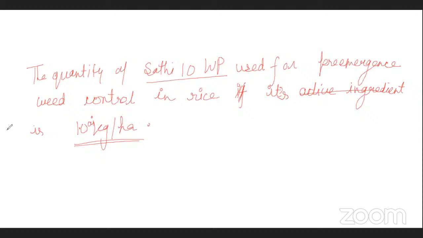Its recommended dose is 1 kg AI per hectare. Okay, I think no one is going to give the answer.